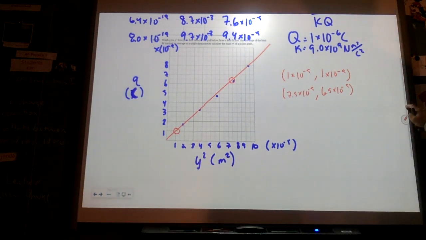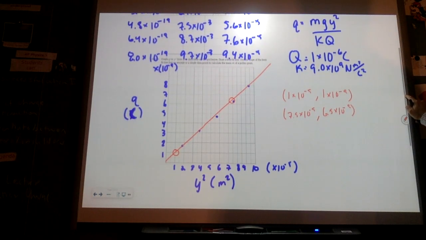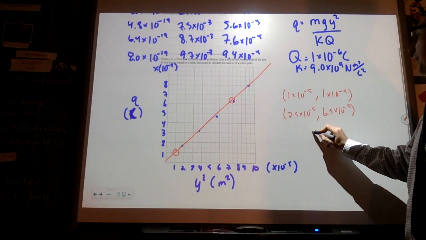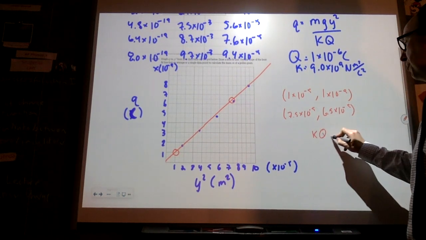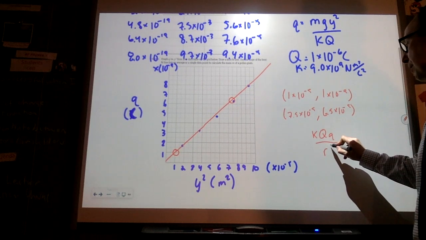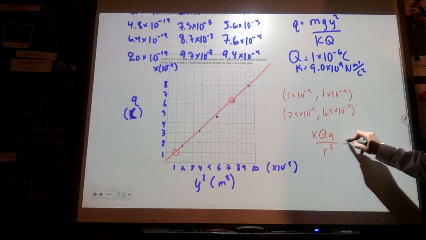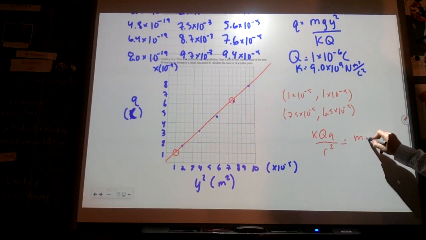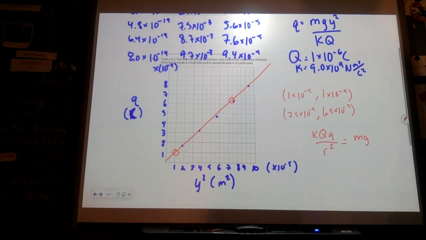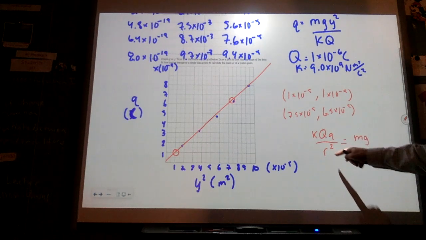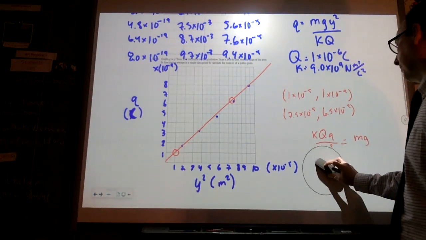All right, so we're saying I want to get m from this. I know that kQq over r squared, which is y squared, is equal to mg. So my slope is going to be Q over, I should say y, not r, right?